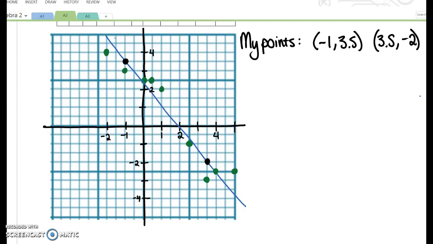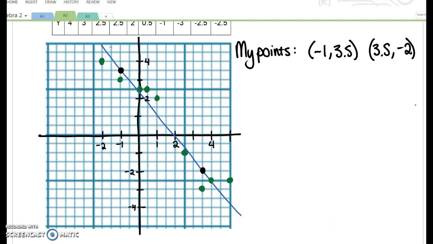If you have 2 points, do you know how to find the slope, use point slope form, and write an equation of the line? We've been doing that for a day or 2. So you have 2 points. Find your slope. And keep in mind, your slope may be slightly different than somebody else's slope. And then put it in point slope form.